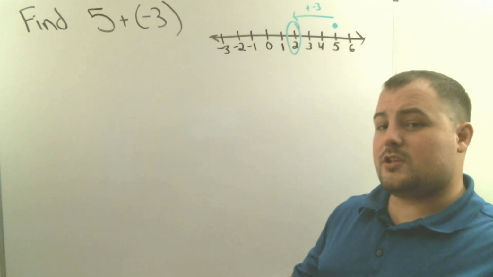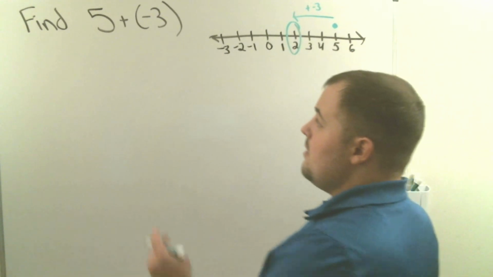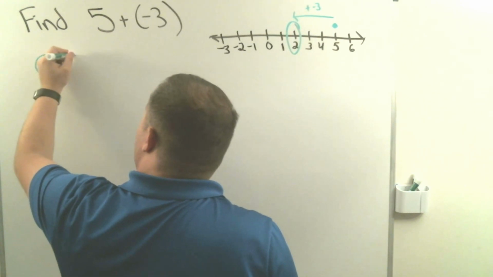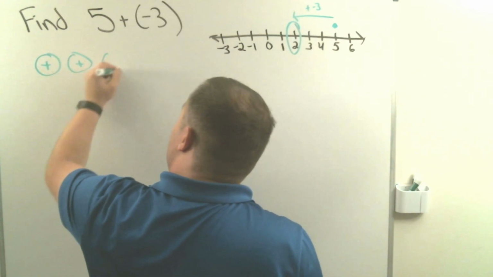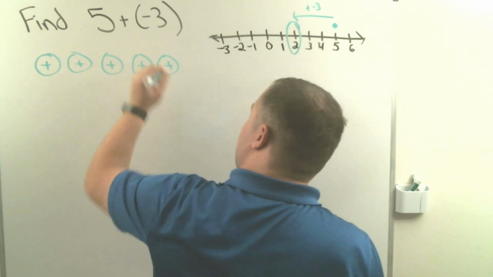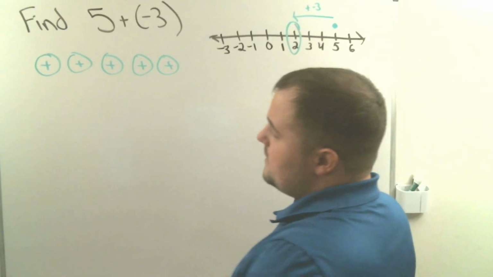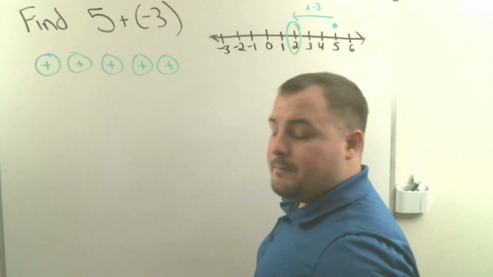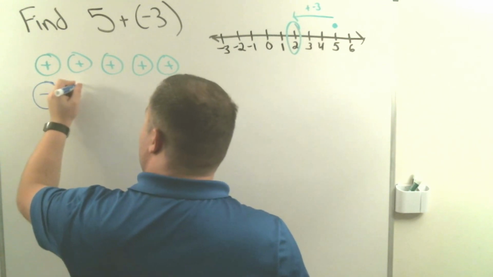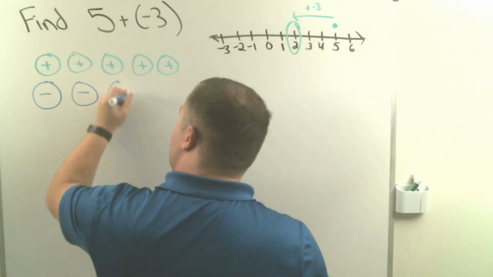Now we can also do this by using counters. Since 5 is positive, we could write 1, 2, 3, 4, 5 positives. And 3 is negative, so we could write 3 negatives. 1, 2, 3.